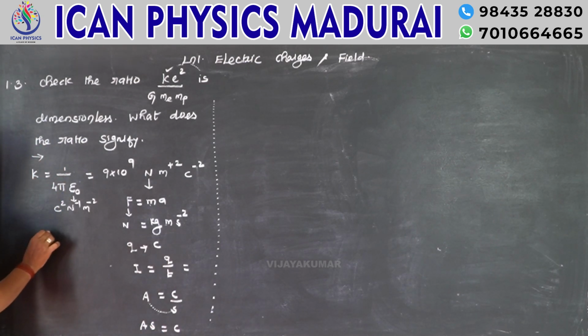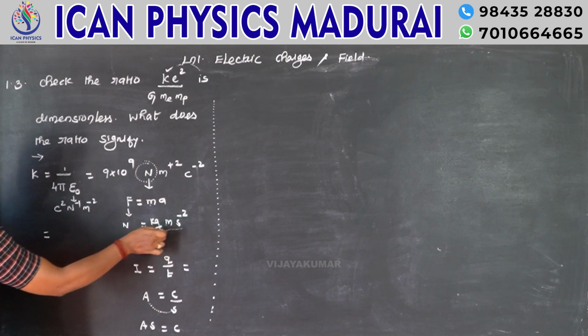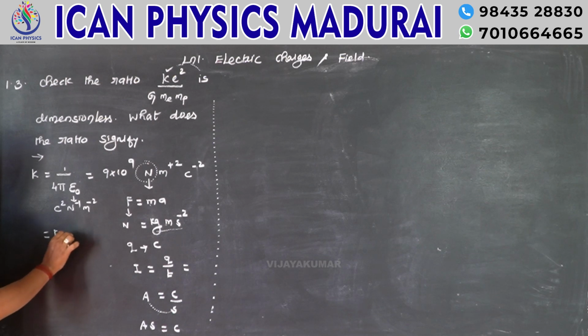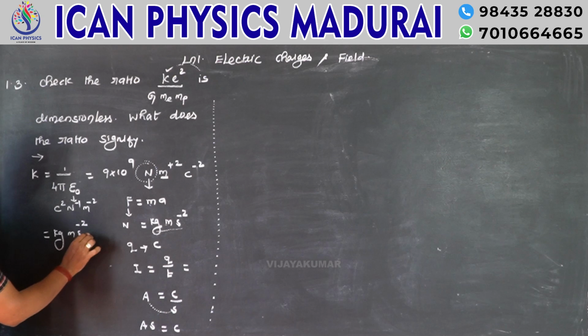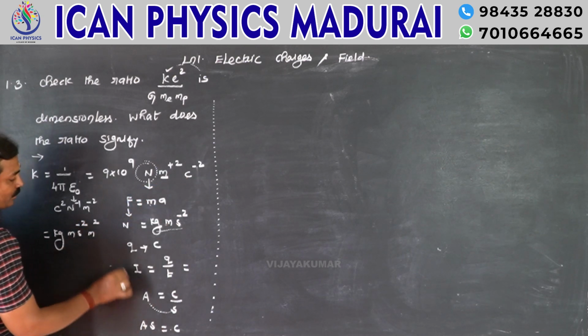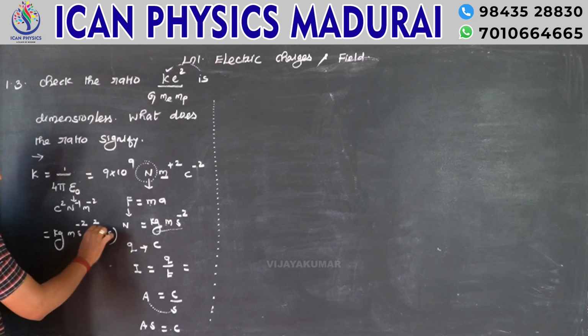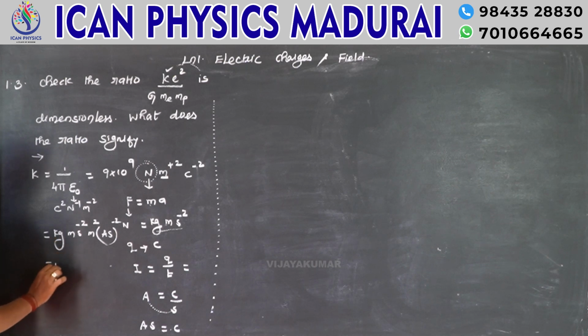Now for K we have Newton. What is the equivalent unit of Newton? Kilogram meter per second square. The second one is meter square. Next, Coulomb: the equivalent unit of Coulomb is ampere second, power minus 2. Now kilogram, meter square into meter gives meter cube.